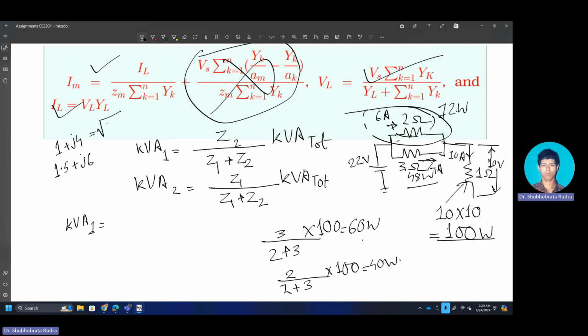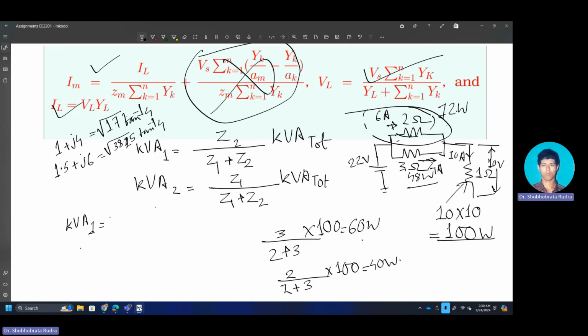So it will become root 17, tan inverse of 4, and the other will be some root 38.25 in my calculation, tan inverse 4. So you have both of these. Now, using this formula, you have to find out KVA1 and KVA2.